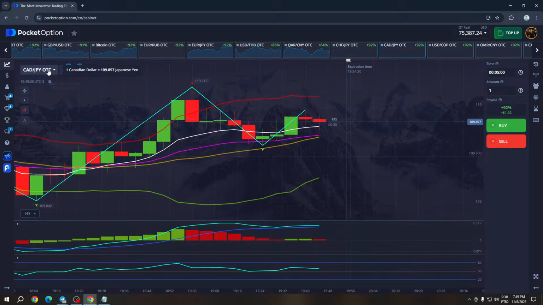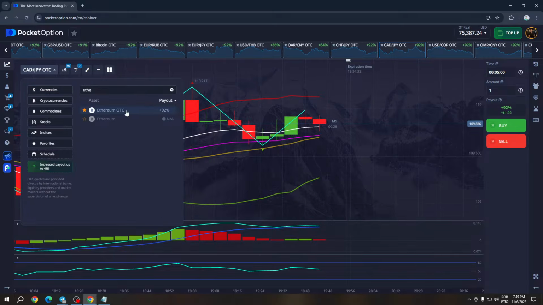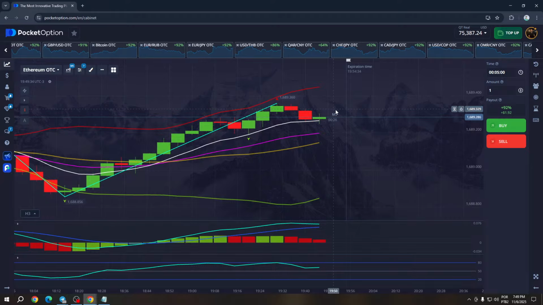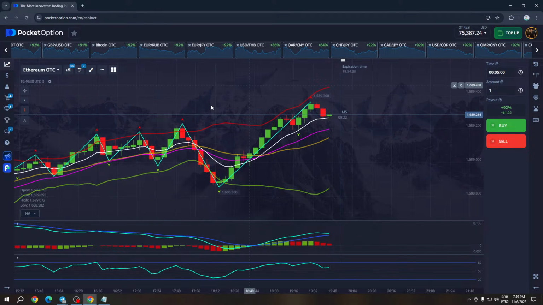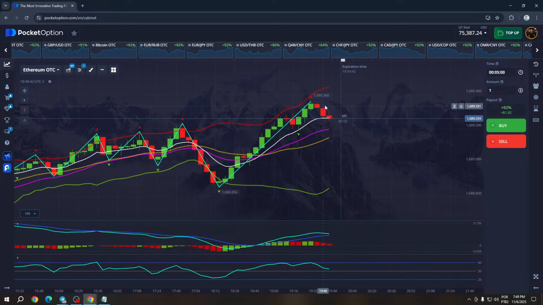Ethereum OTC. Yeah, Ethereum OTC, man. You cannot see an opportunity right here because it's trying to go up. We have a huge uptrend, but right now it's trying to revert.